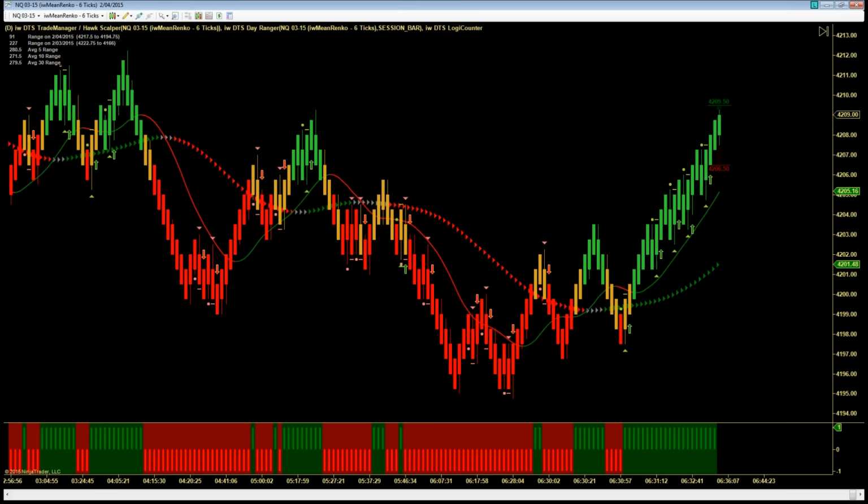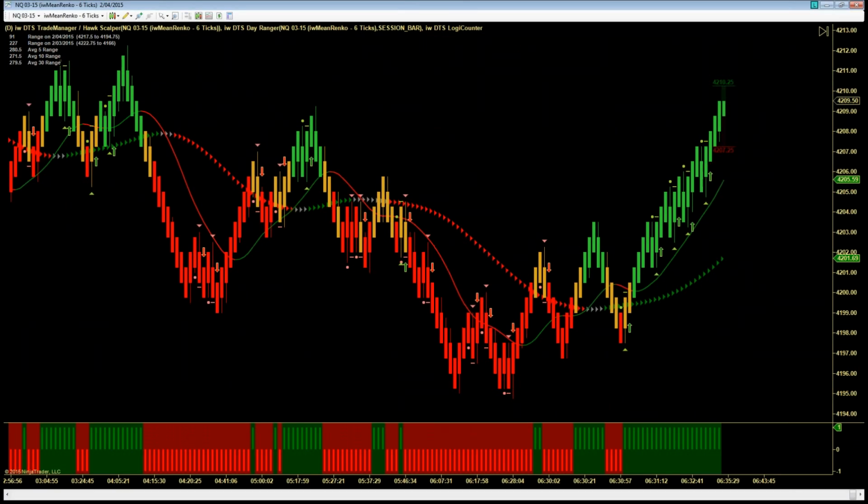Now, all the tools generate signals exactly the same way. When a signal is first emerging, you're going to get the warning dot. That tells you that there's a possible signal building. When all the parameters for the signal have been met, you're going to generate a triangle and a hash mark.